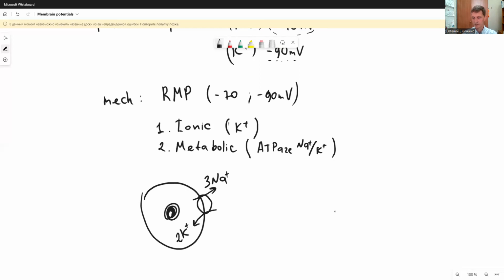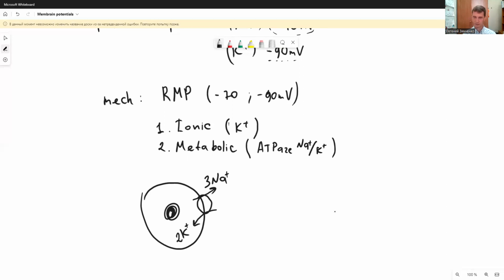So one cycle will remove one positive charge. That's why the more sodium-potassium pumps are active at this moment, the less positive charge inside the cell, and gradually it will make some potential difference on the cellular membrane. But the value of this is relatively low. Only several millivolts can be achieved by this activity.